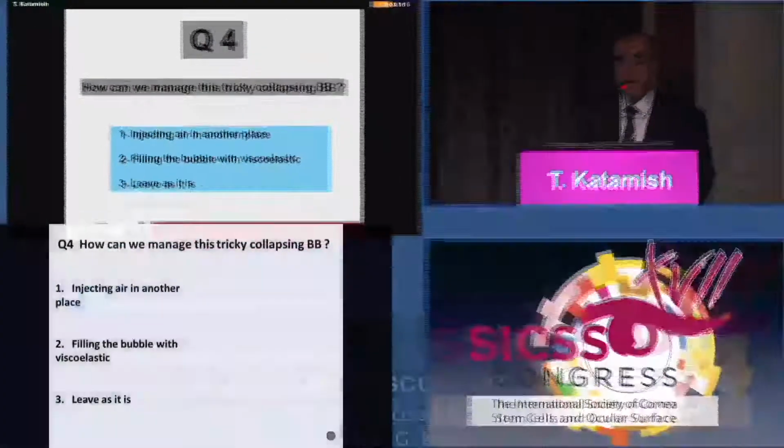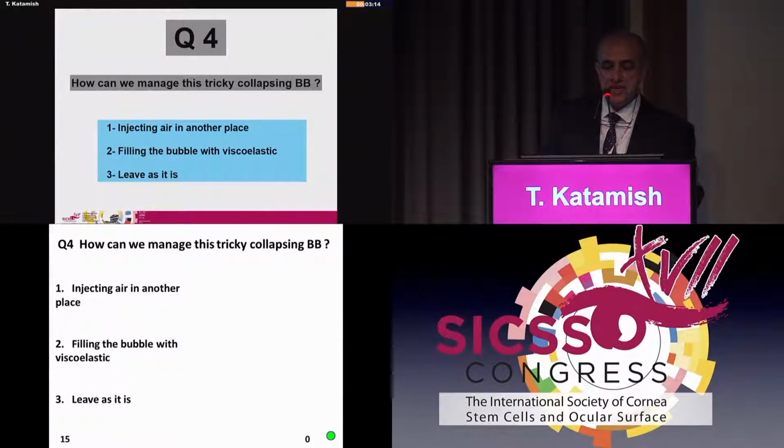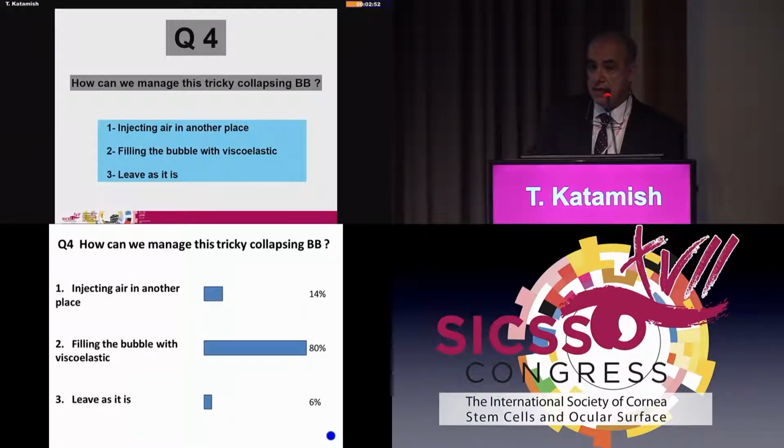So how can we manage this tricky collapsing big bubble? Injecting air in another place, or filling the bubble with a viscoelastic, or leaving it as it is? What do you think is the proper solution for this situation? Yes, I agree with you, because the tract is leaking air, but it is not leaking viscoelastic.